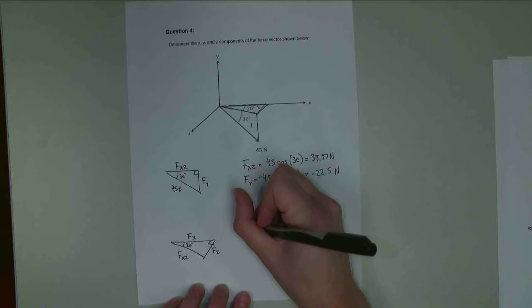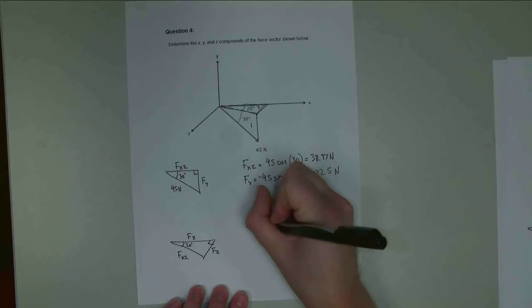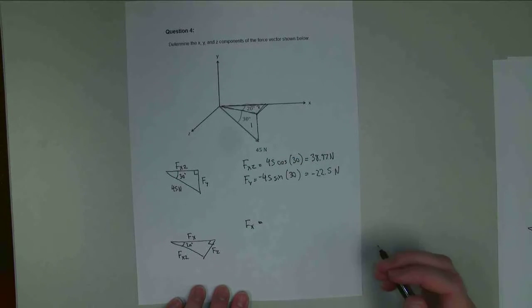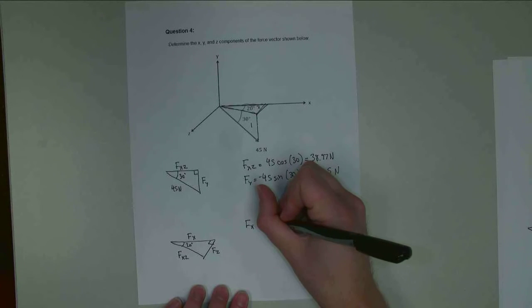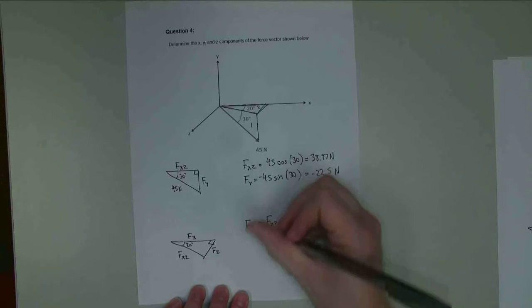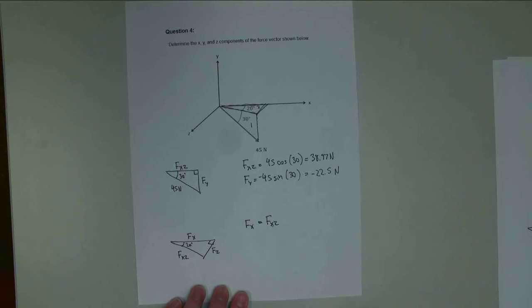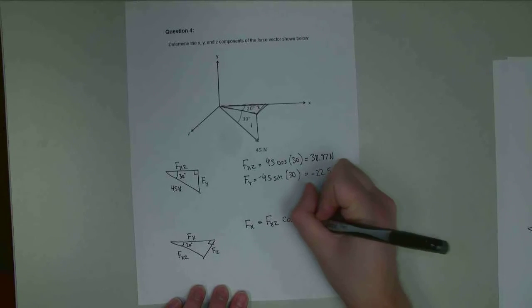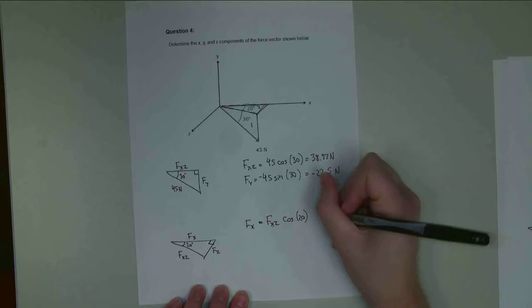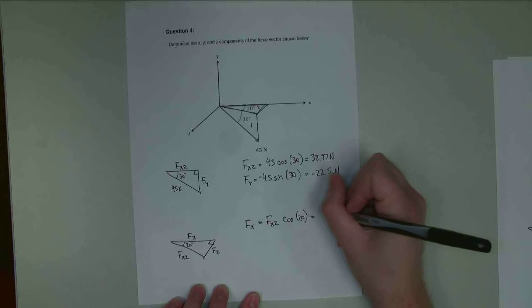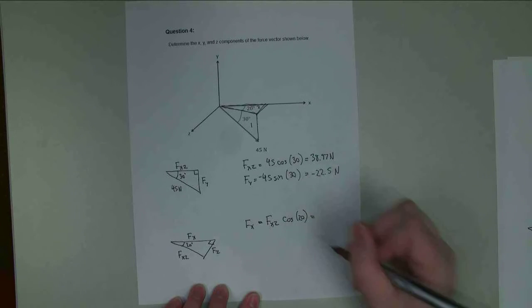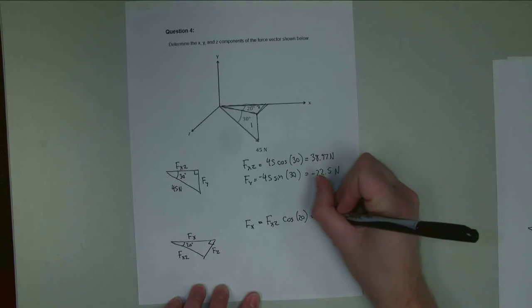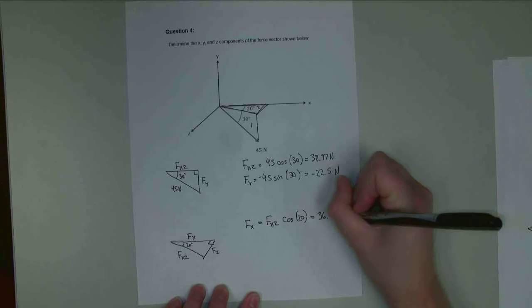And so Fx, my x component, is simply going to be the hypotenuse, Fxz, times the cosine of 20, since it's the adjacent side of my right triangle. And that is going to be 36.62 newtons, because I take this number, multiply by the cosine of 20, and simply solve it out.